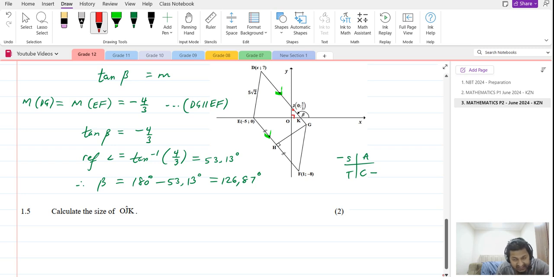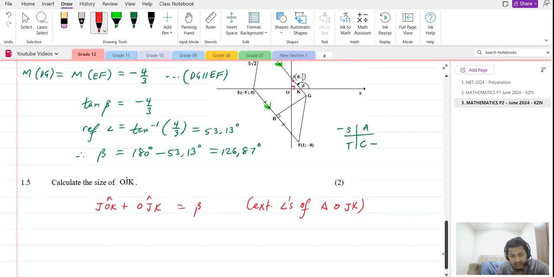So we know that angle is 90. So we can just use the exterior angle formula, right? So exterior angle beta. So what we can say is angle JOK plus angle OJK is equal to beta. And what's the reason why we're adding these two? Because that's the exterior angle of triangle OJK. Right, now we know what the beta angle is.